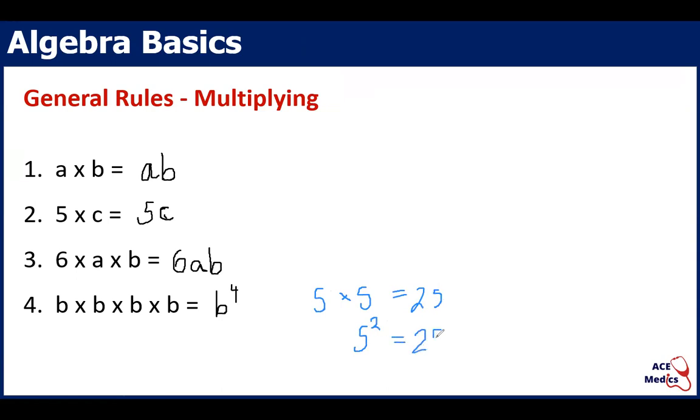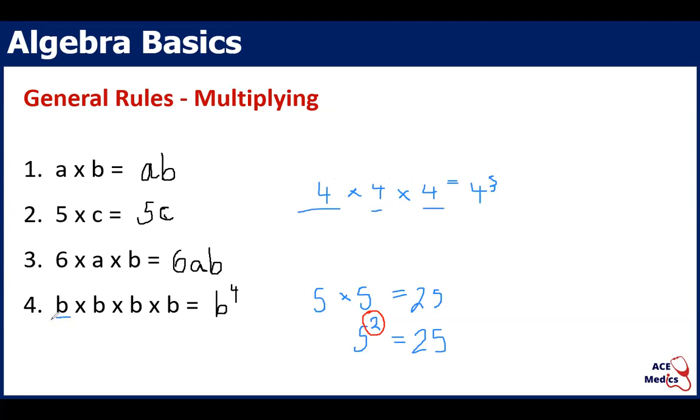So that little power in the corner represents how many 5s we've multiplied together. If we had 4 times 4 times 4, we have 4 cubed, 4 to the power of 3, because we have 1, 2, 3 4s.